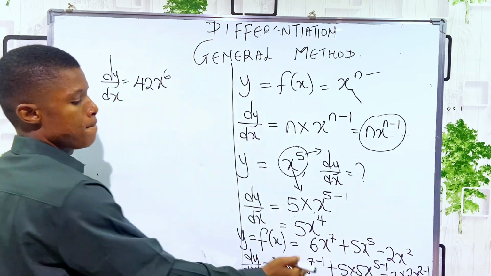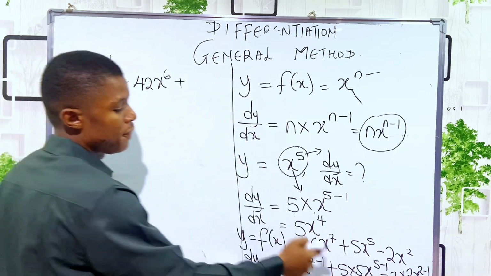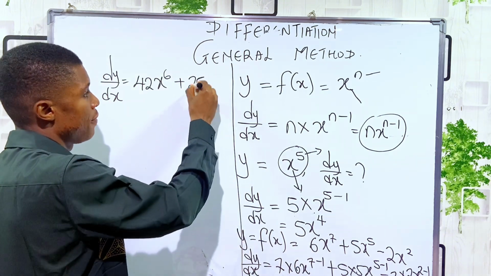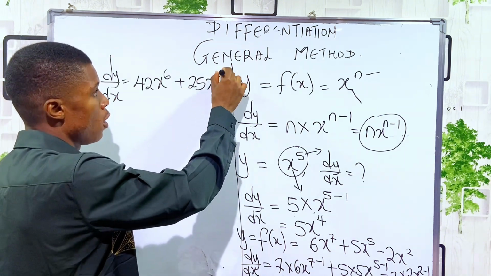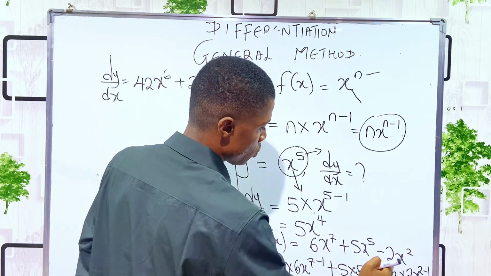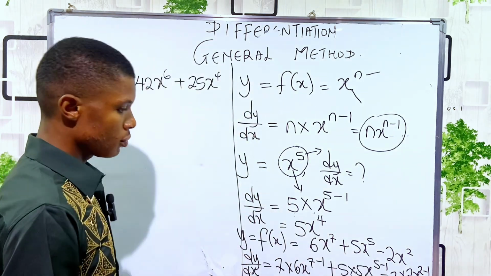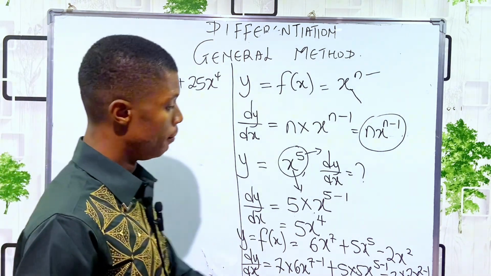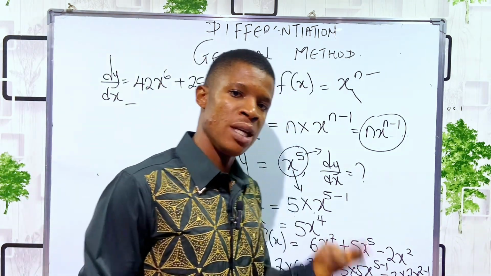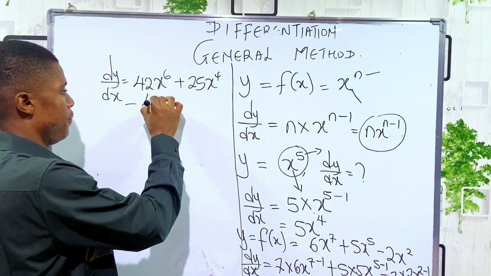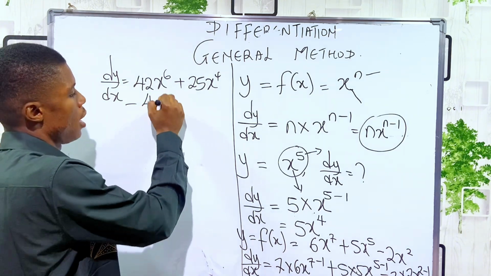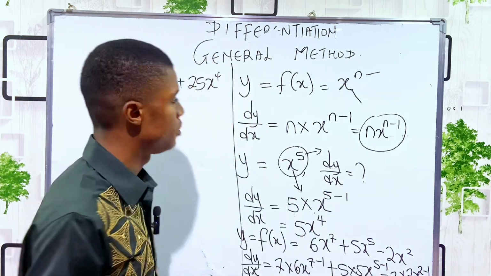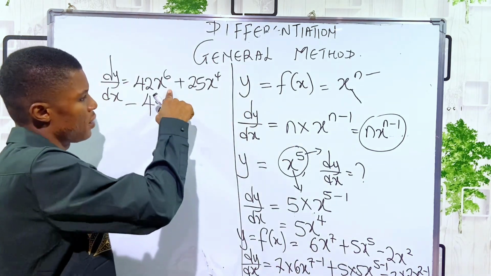Then plus 5 times 5, which is 25, so plus 25x to the power of 4, because 5 minus 1 is 4. Then minus 2 times 2, which is 4. You have it as 4x to the power of 2 minus 1, which is 1. If you write the power 1, it's just the same thing as 4x.